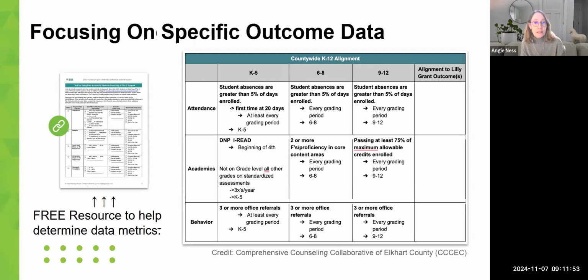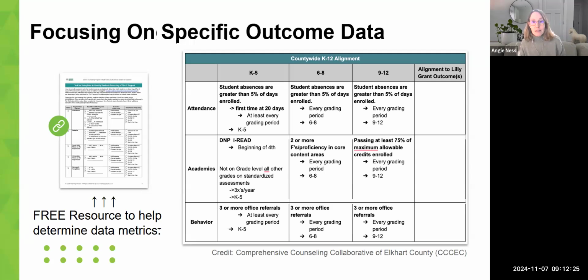And one of the things that we did is we identified data metrics that we would look at every single quarter or at certain time periods during the school year to make sure that we are finding those kids before they knew that they needed help, but also to narrow down what we're looking at. So it's not like I have all of my SIS data and all of the other data, and I'm just weeding through all of the stuff and trying to figure out what to do. I know exactly what I'm going to look at.